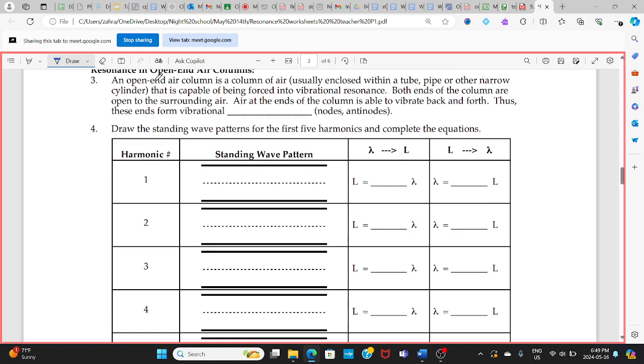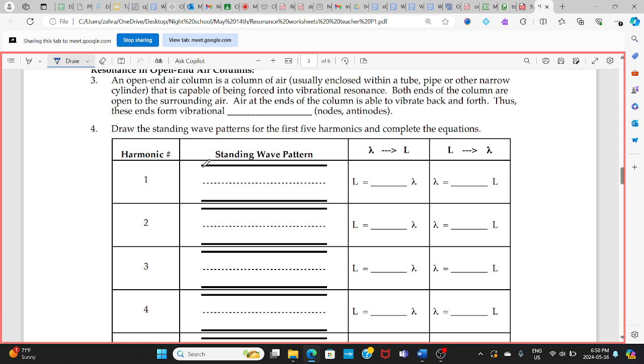Now, an open end air column. Open end air column means both ends are open. Usually enclosed within a tube, a pipe, or other narrow cylinder that's capable of being forced into vibration resonance. Both ends of the column are open to the surrounding air. Air at the end of the column is able to vibrate back and forth.